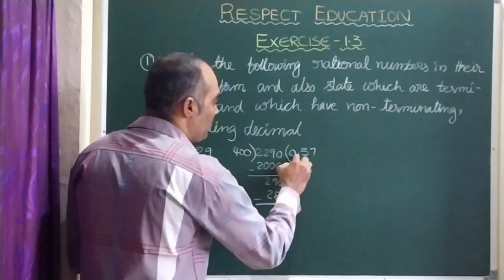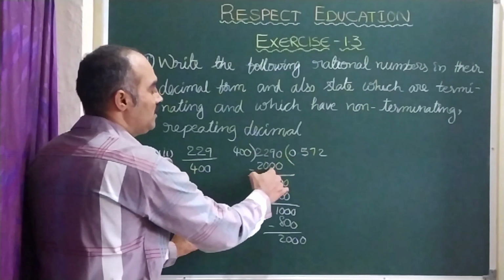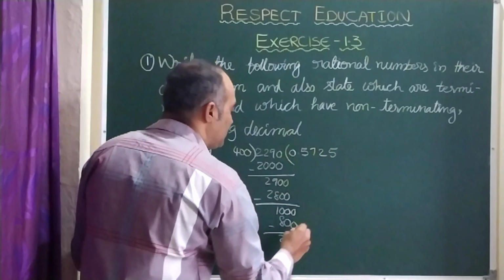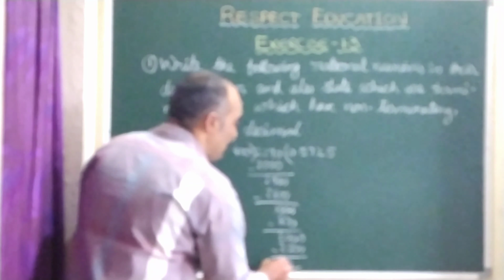Because of this, 0 comes. Again 400 2s are 800. When you subtract, here 200 comes, because of the decimal again 0 comes. So it is 2000, as you know, 400 5s are 2000. So it is 5 times, it is 2000. Right? When you subtract you get 0. Again the remainder is 0.